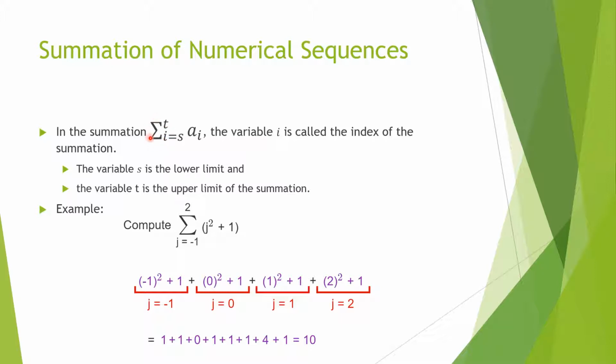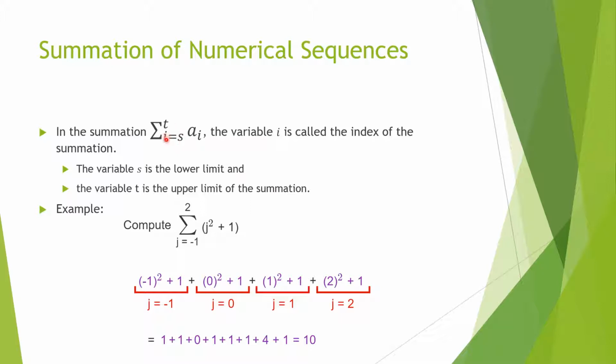In this notation we represent the lower limit and upper limit of i in the following way. We say i is equal to s all the way to t. t is the upper limit of the summation, s is the lower limit of the summation, and variable i can vary from s, the lower limit, to t, the upper limit.